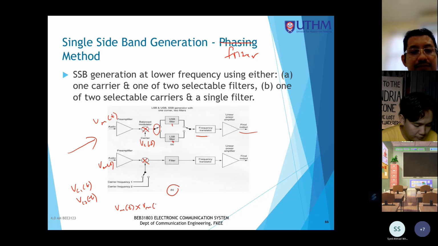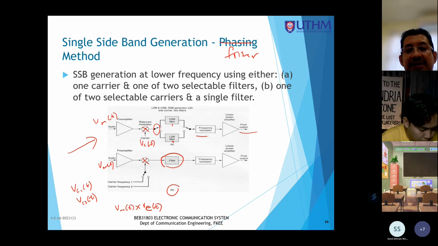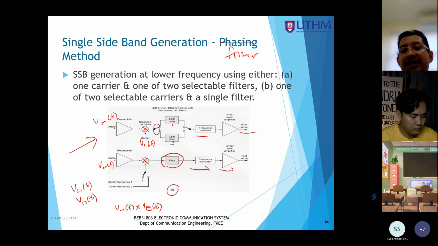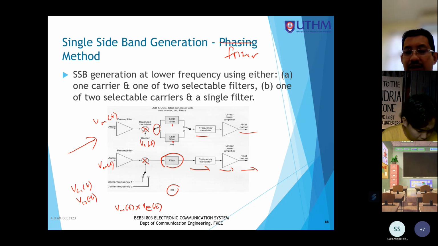Macam yang kita lihat tadi, apabila kita darab, kita akan dapat double sideband, dan kemudian filter ini akan pilih salah satu daripada sideband. Kemudian masuk ke dalam frequency translator, and then masuk ke dalam amplifier to amplify the amplitude, and then we send through the medium. Dalam kes ini kita masih menggunakan filter untuk select salah satu daripada sideband.